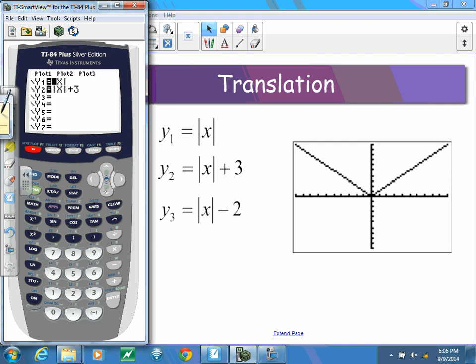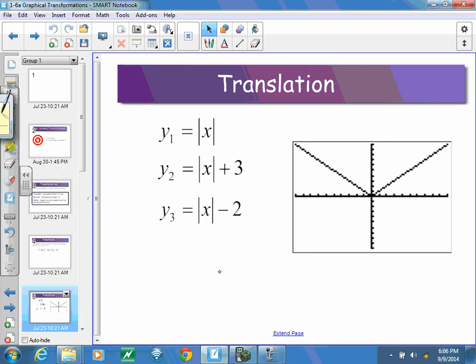If I go back to my graph and down here in y3, if I enter the third equation, which is the absolute value of x, and then I'm going to subtract 2. Once I graph it, we should be able to see that my third graph now, the vertex, again, what started at 0, 0 with the parent function, now has been moved down 2 units to 0, negative 2.